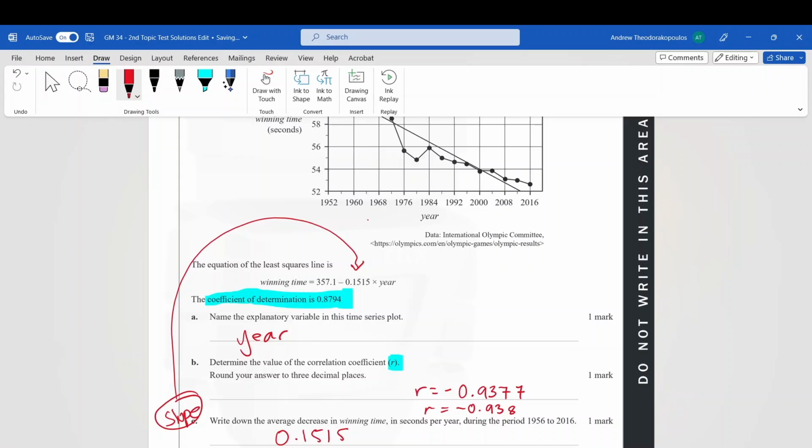Another common mistake was to put a negative sign there. But because we've already mentioned the word decrease, we don't need to put the negative sign there. If it asked for what is the slope, then yes, you would put negative 0.1515. But they haven't asked for it here.